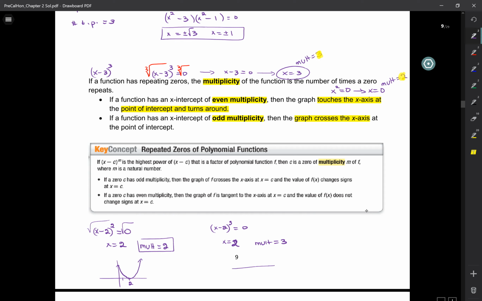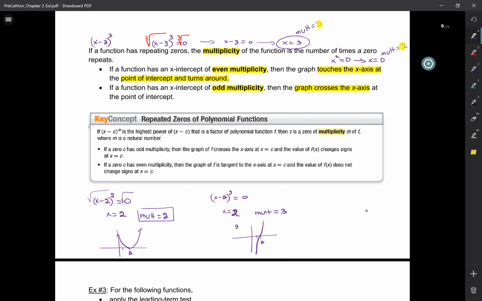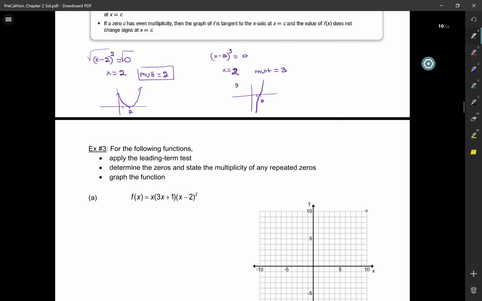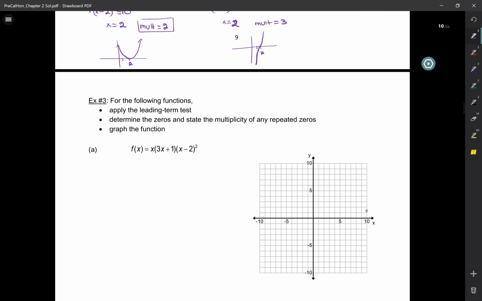So in this case, at x equals 2, it's going to cross the x-axis. So it's going to come over, cross, and then go back down. It will not turn around, okay? I actually find that pretty cool. So based on the multiplicity, you know whether it's going to turn around or come right back, or come through the x-axis.